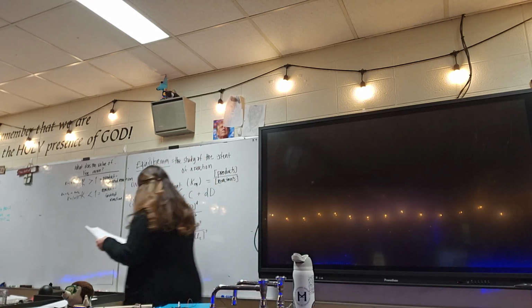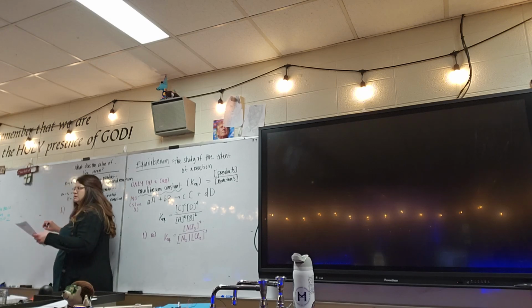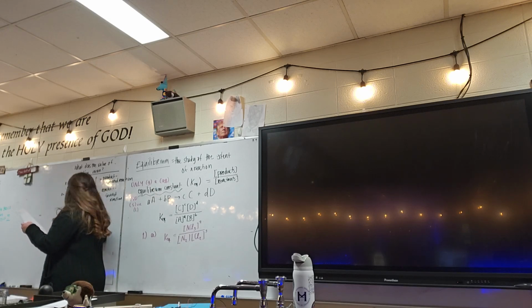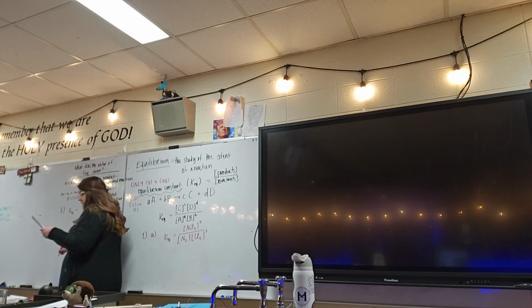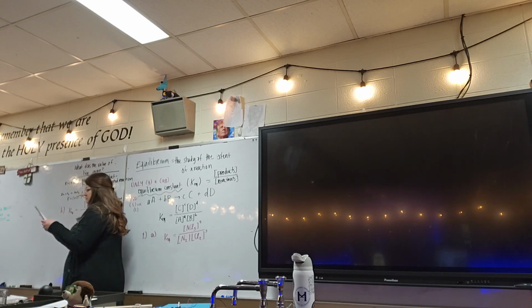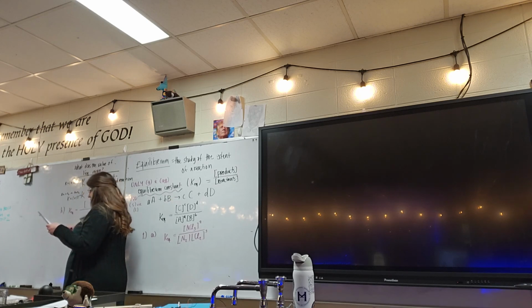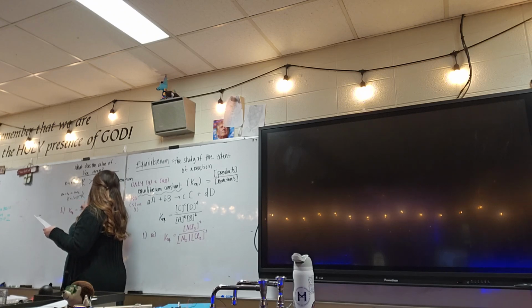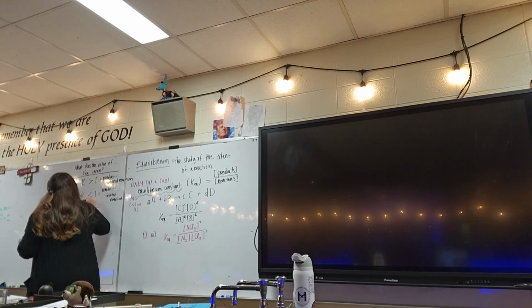Let's do another one that has all gases. Let's do B. If I write this here, will you be able to see it? I know my computer is kind of in the way. For B, you'll write again KEQ equals, and now what should go on the top of this fraction? HI. Oops. It's square brackets, friends, not parentheses.